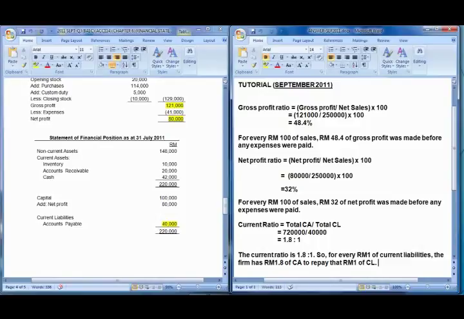So I just use CA as the short form for the current asset and CL for the current liability.